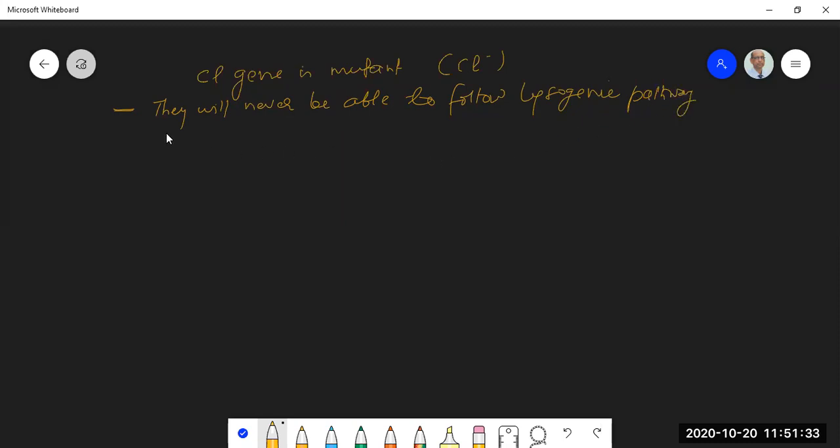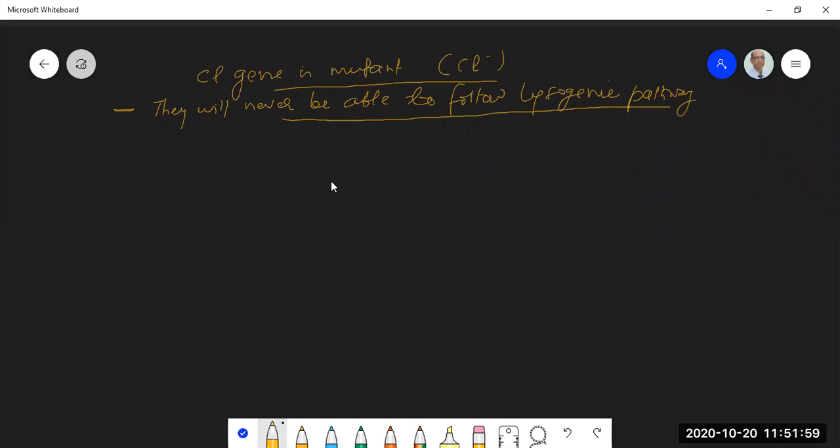Those bacteriophage where the CL gene is mutant, represented by CL minus, will never be able to establish lysogeny. Please remember, because the CL gene product, the repressor protein, is a must for establishing lysogeny.